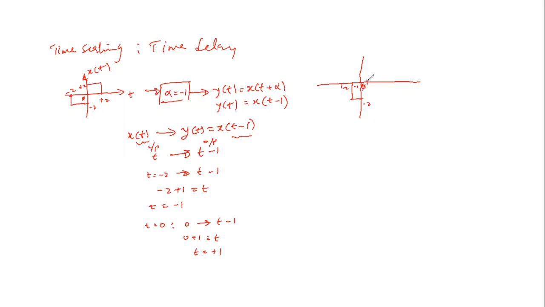So let's say that's +1. And then this here should be +2. So it means we have the signal coming here all the way to 2, because at t equal to 0, the amplitude is +2. So here we have +2, right?